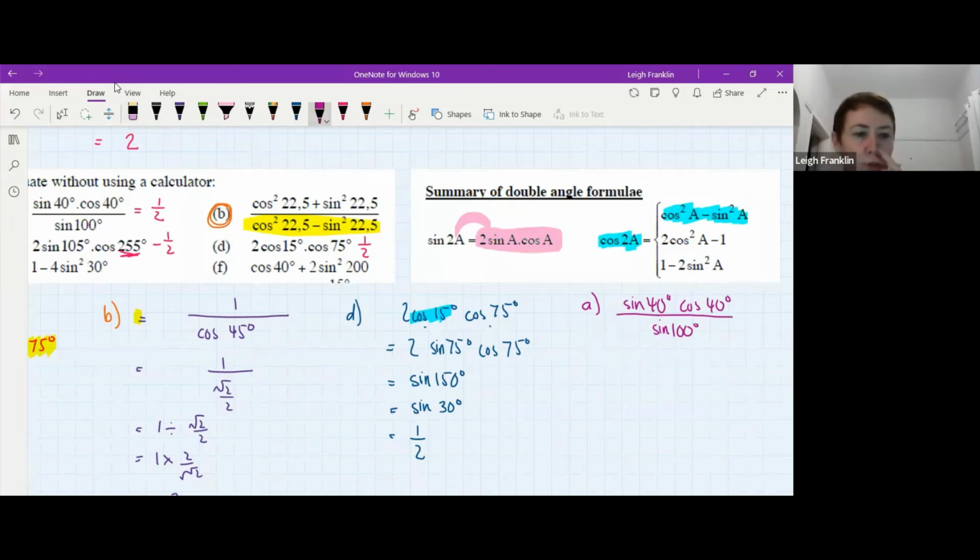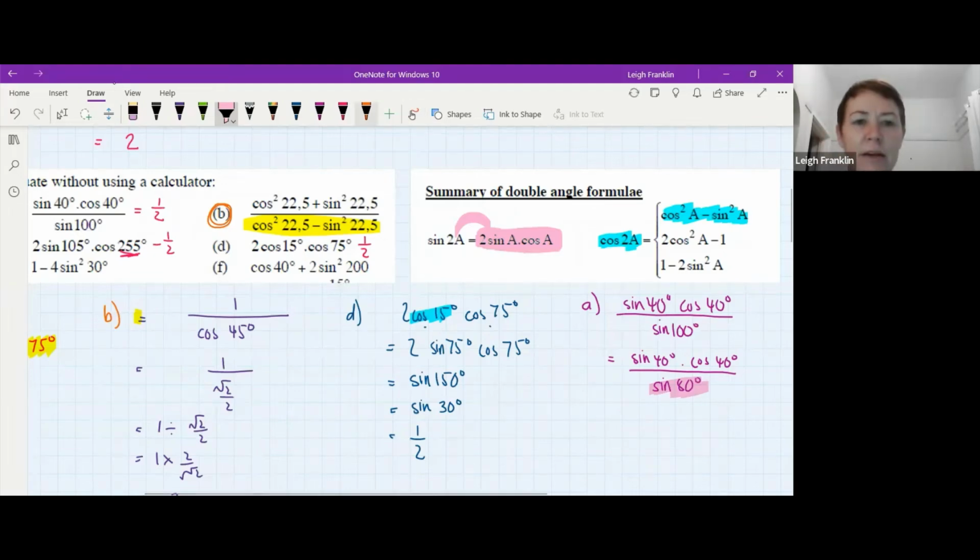We can reduce sine 100, as it's in the second quadrant where sine theta is positive. So this reduces to positive sine 80. 80 is double 40, so sine 80 is 2 sine 40 cos 40.